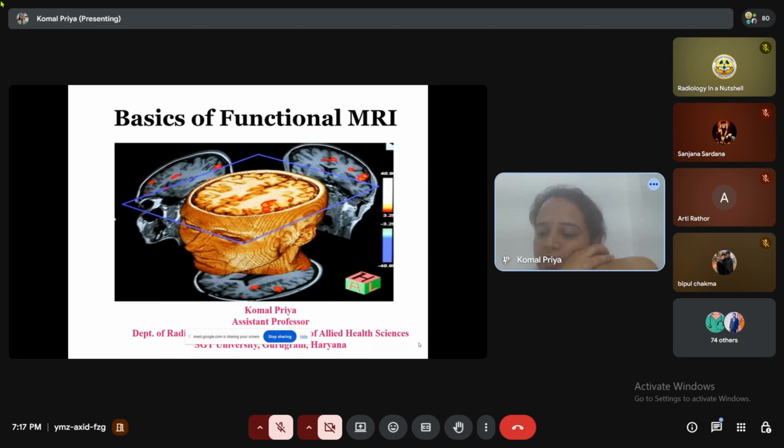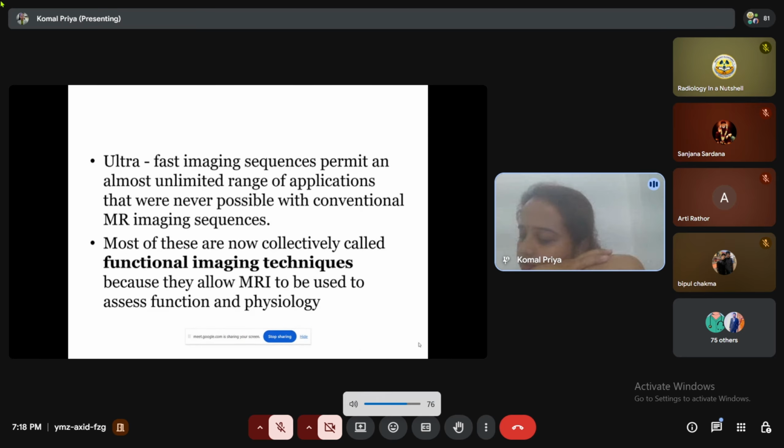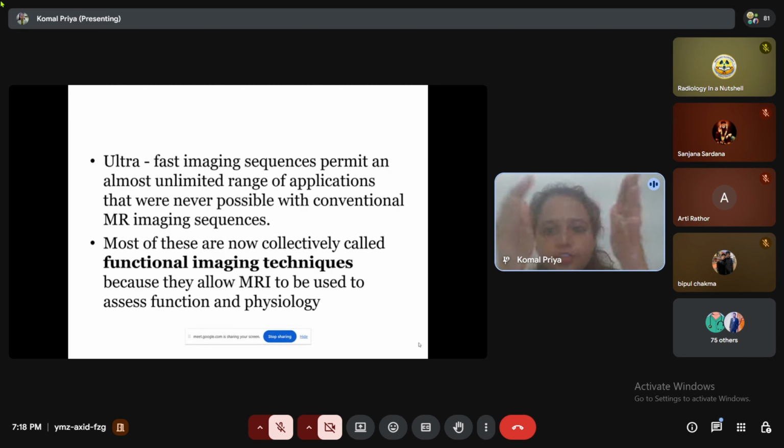So in this session I'll introduce you to the fundamentals of functional MRI, how it works and why it matters. Traditional MRI shows us all the structures, but functional MRI shows us life in action, if I can elaborate in a sentence.